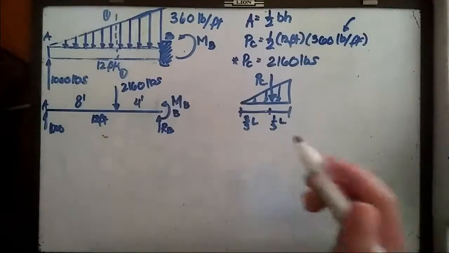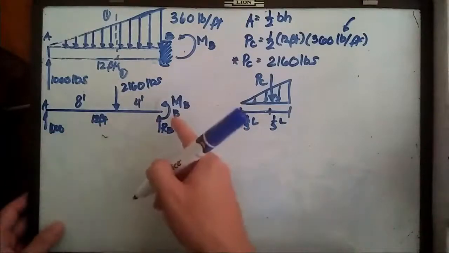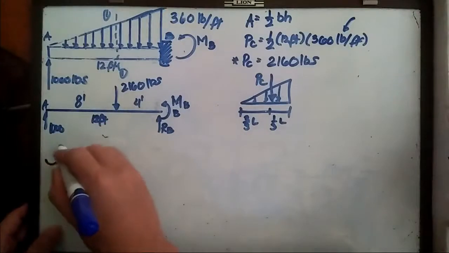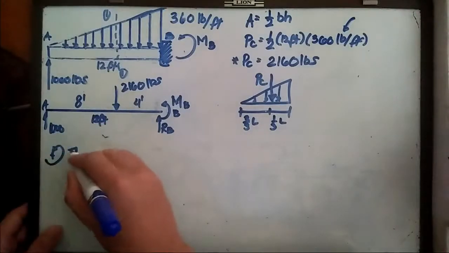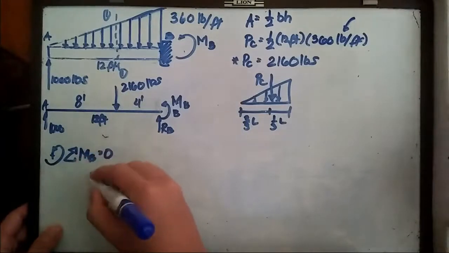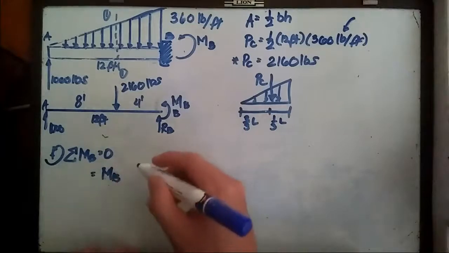How are we going to do that? All you need to do is use the summation of moments at point B so that we can eliminate R sub B. Rotating counterclockwise is positive. The summation of moments at B is equal to 0. So we have M sub B, which is positive, that's our initial assumption.